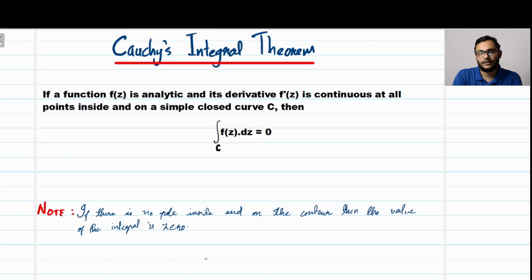If you try to understand the types of contours, there are different types available: simple contour, connected contours, etc. Now, if we have a simple closed curve C, and a function f(z) which is completely analytic within that particular contour C, not only within the region but also on the boundary of the contour C, then we can simply find the contour integration: the integral over C of f(z) dz will become 0.